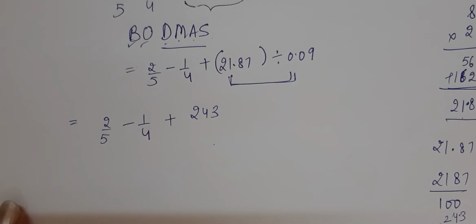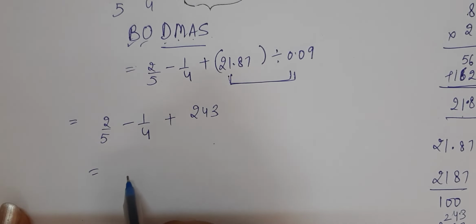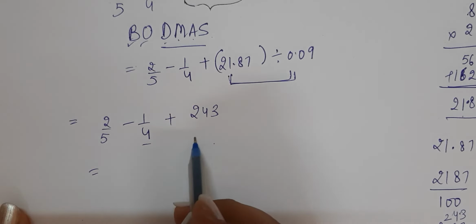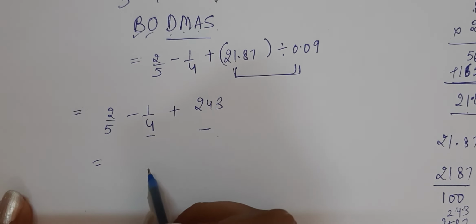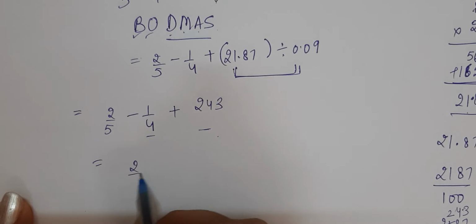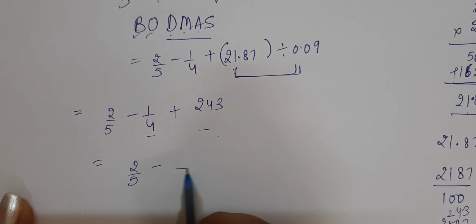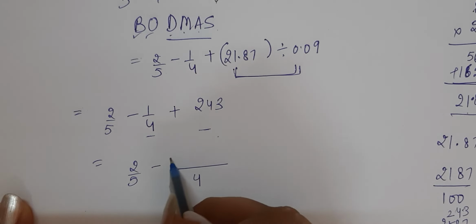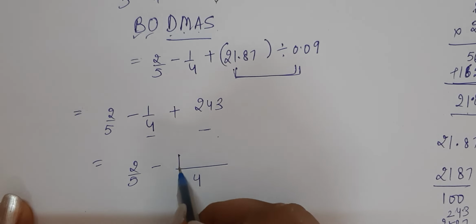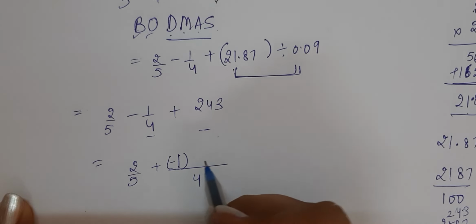Now my next step is to add. Then I will add minus 1 by 4 with 243. So first of all, I have to take the LCM. The 2 by 5, minus 4 will be the LCM, minus 1, or I can write it like this, plus minus 1 if I want.